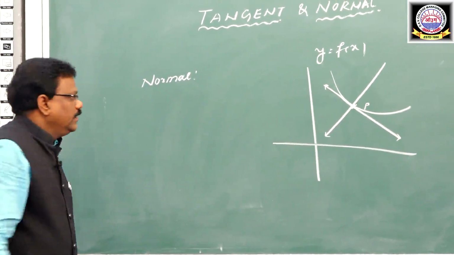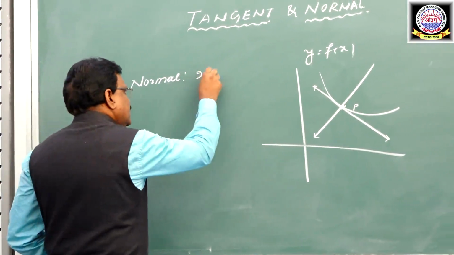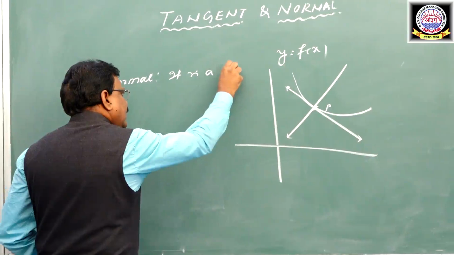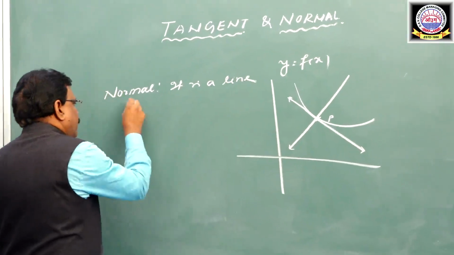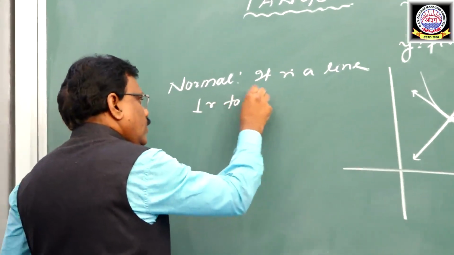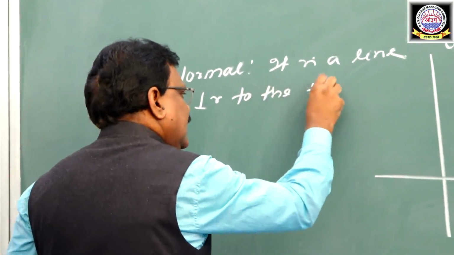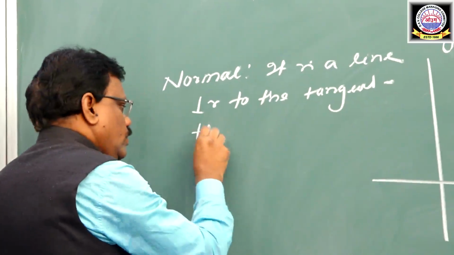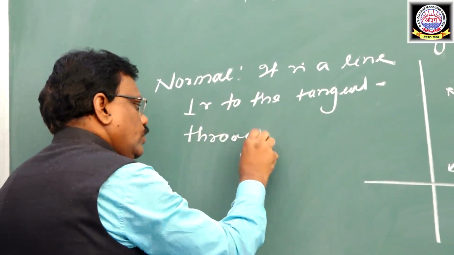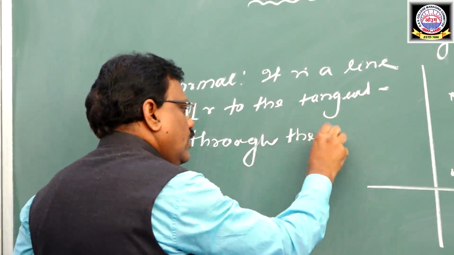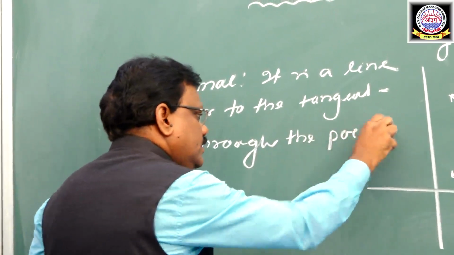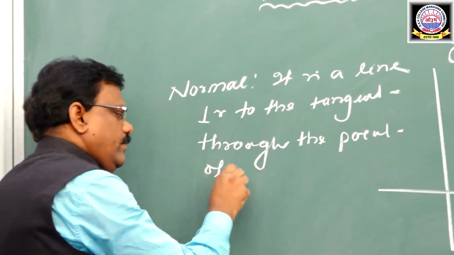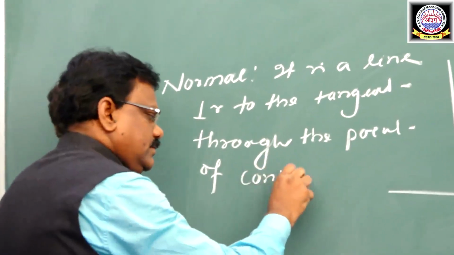The normal is a line perpendicular to the tangent through the point of contact.